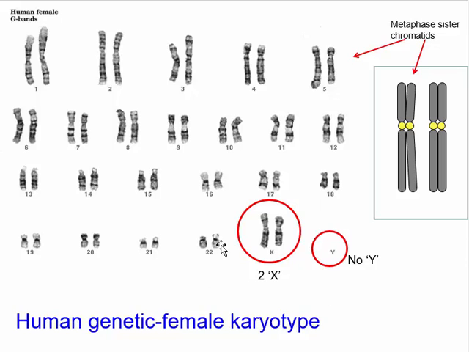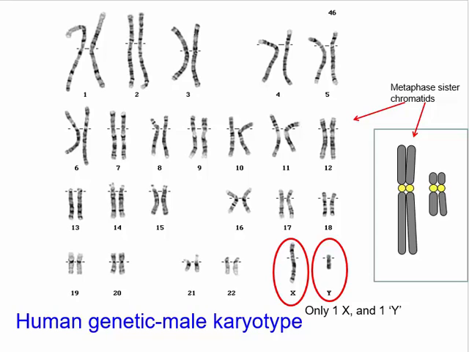So chromosomally, this is a female. Here we see all the autosomes, 1, 2, 3, 4, etc. And here's that last pair of sex-determining chromosomes. These are called the X chromosomes. So this is a genetic female because they have two X chromosomes and no Y chromosome.